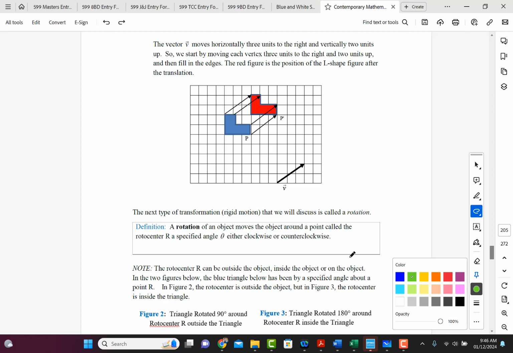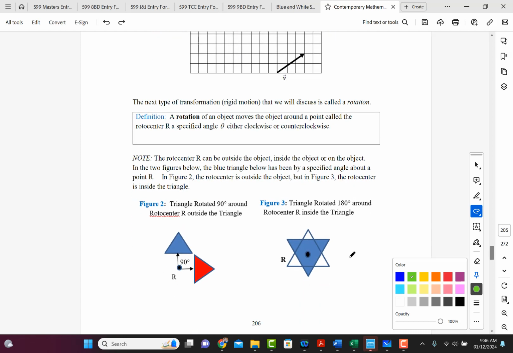Note, the rotocenter can be outside the object, inside the object, or on the object. In the 2 figures below, the blue triangle has been rotated by a specified angle about a point R.